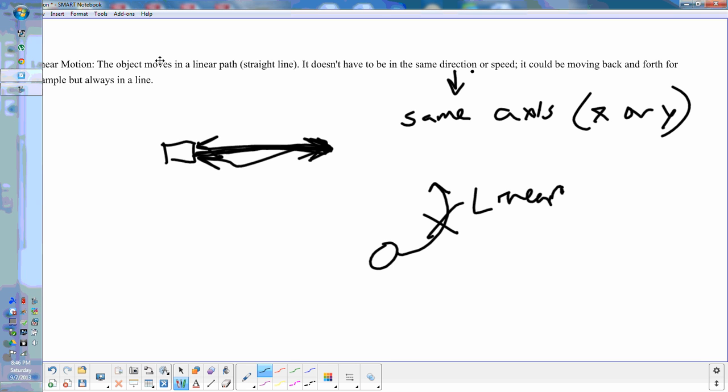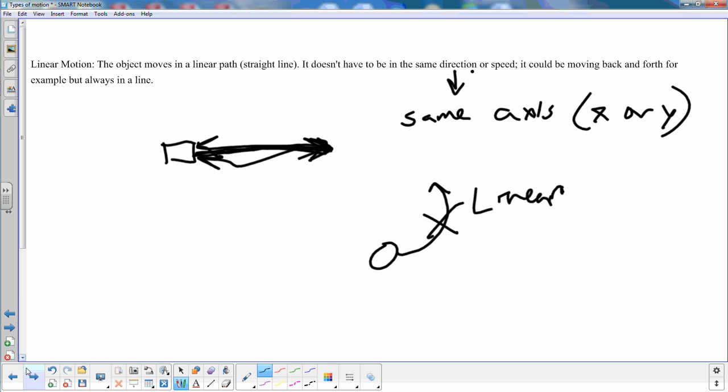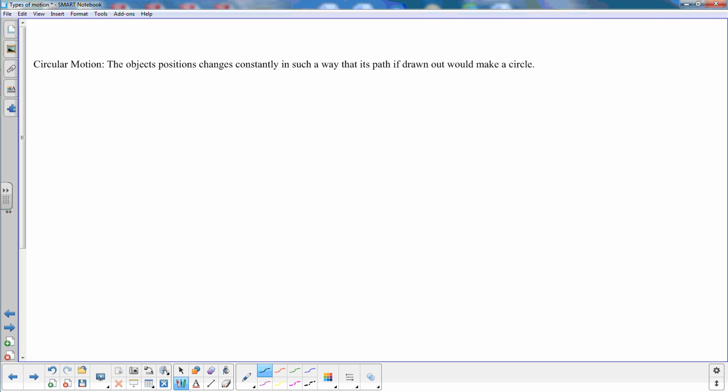Then you've got this thing called circular motion, and I'm not even going to try and draw a circle because I supposedly have ways in here of drawing circles and such. There we go, shapes. So let us draw a circle. Beautiful. And now we can do some good stuff to the circle.